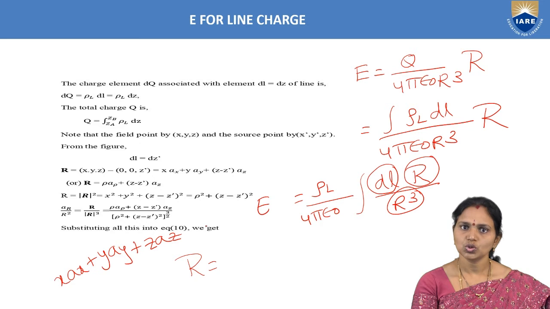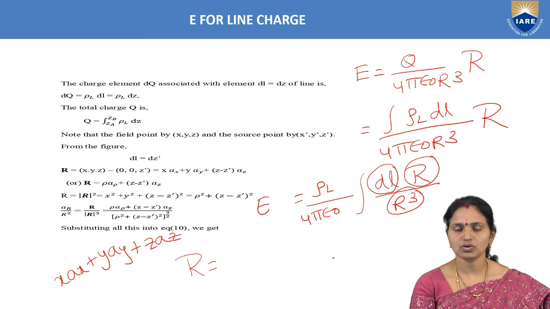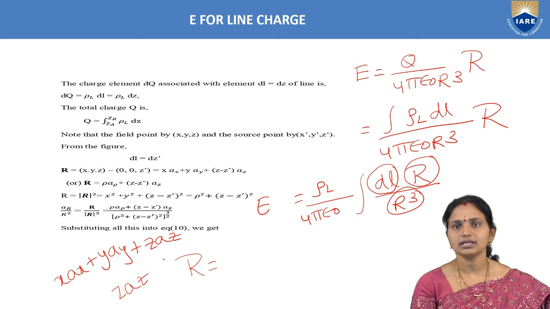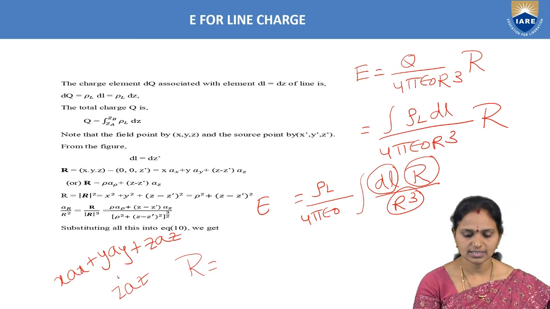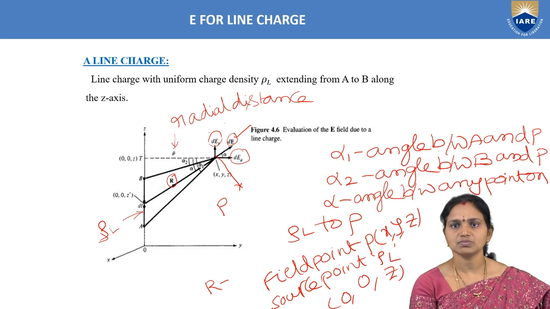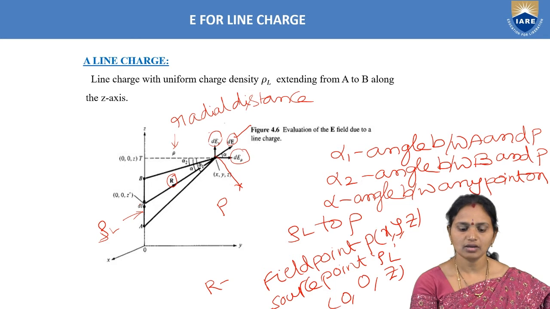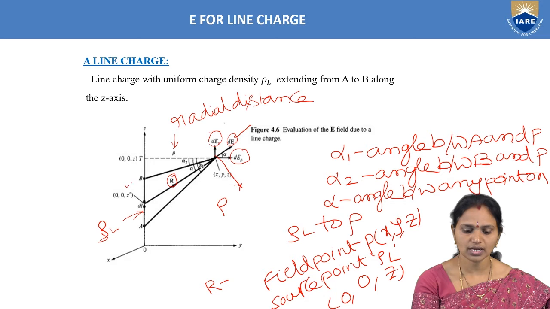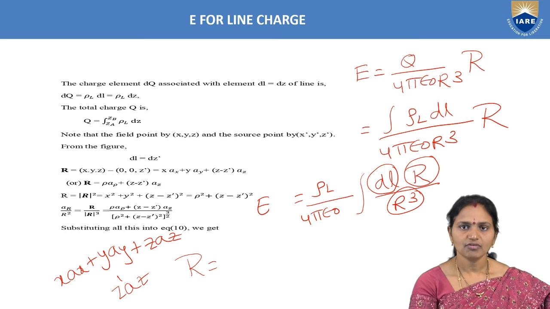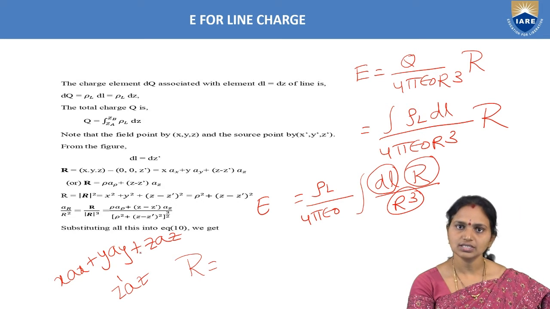The source point in vector form, as we don't have x and y coordinate parameters and only the z parameter, is zaz. Here, instead of z, I am taking z dash. If you go through this diagram, our differential element dl is located on the z axis. I am considering that point as 0, 0, comma z dash. To avoid confusion between the field point and the dl point, I am taking this one as z dash. Only the representation has changed. The vector form for the source point is z dash az.